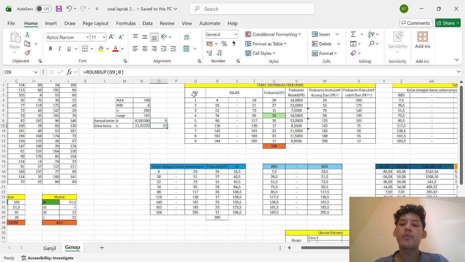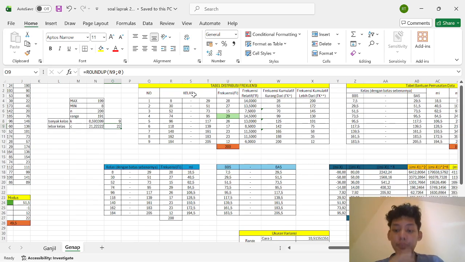Next, we create the frequency distribution table. For the class interval, the first class starts from the minimum value. Then the upper limit is calculated by adding the class width and subtracting one.